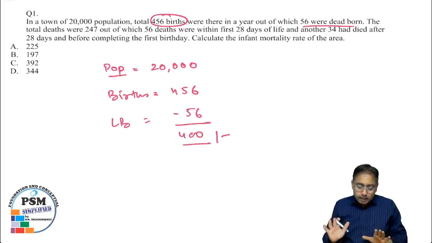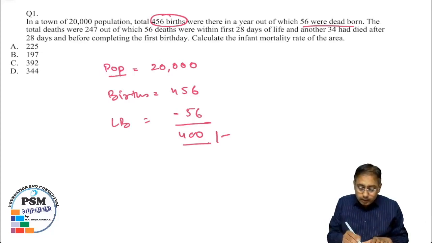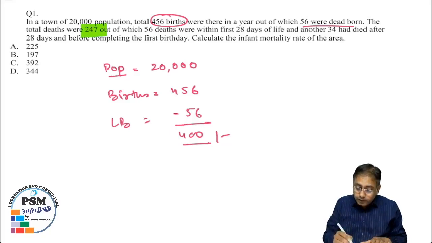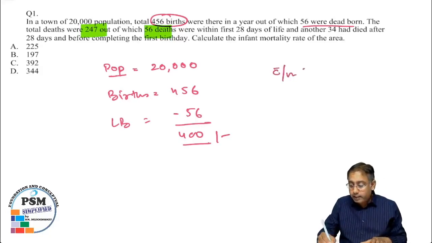Done. The total deaths reported were 247, out of which 56 deaths were within 28 days. That's important for me, because within 28 days is the neonatal death.